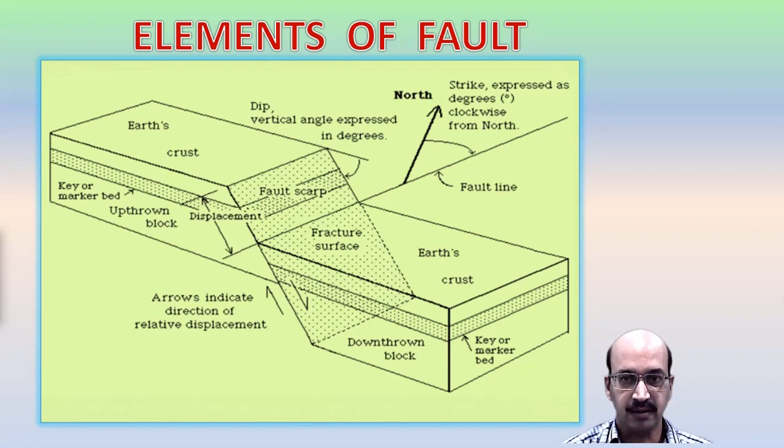Here the arrows indicate the direction of relative displacement, and we can also see the fault line very clearly. It is the line of intersection of the fault plane with an imaginary horizontal plane.